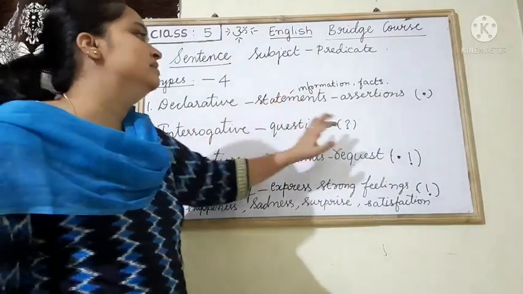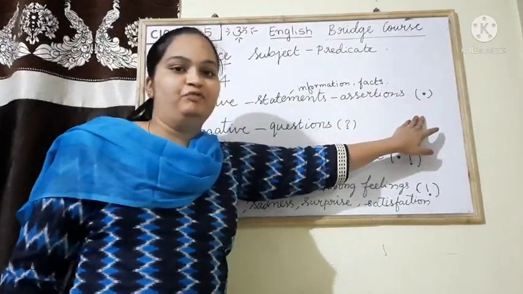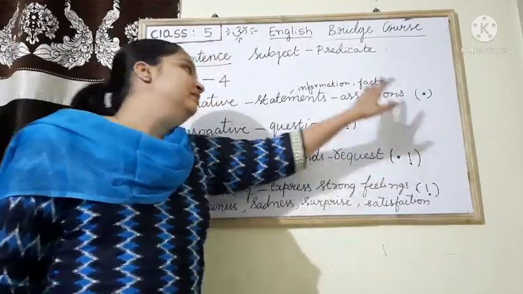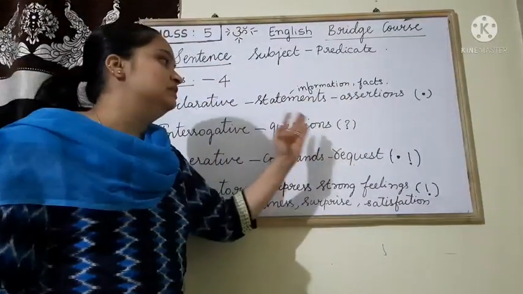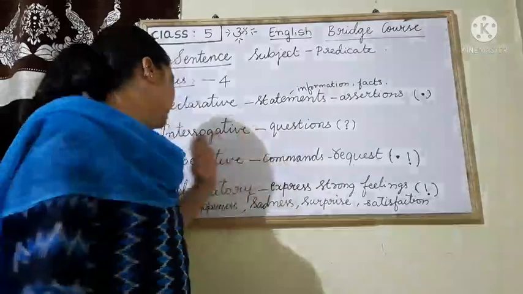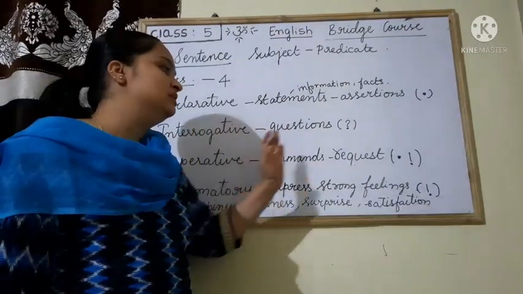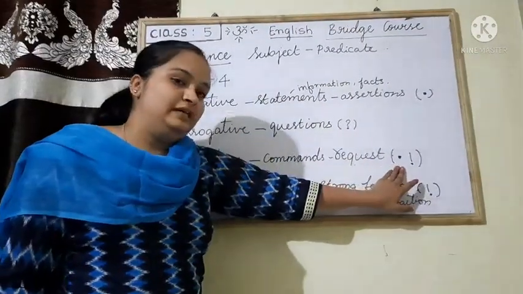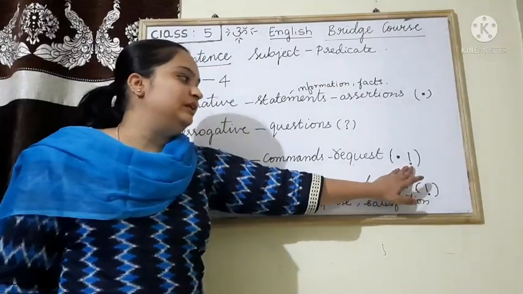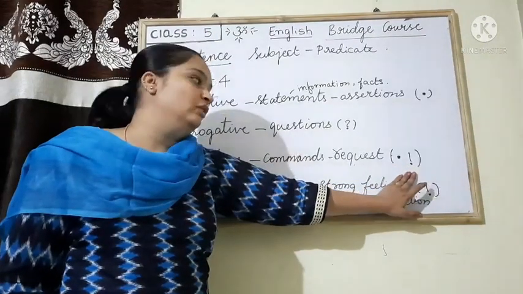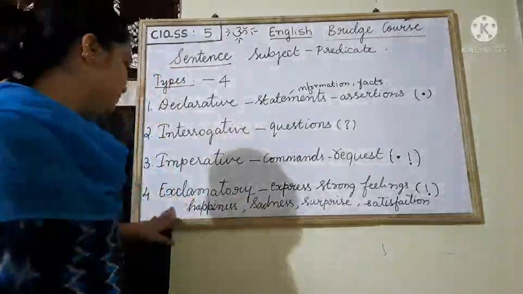Declarative sentences always end with a full stop or period, whereas interrogative sentences end with a question mark, and imperative sentences either end with a period or with the exclamation mark depending on the sentence.